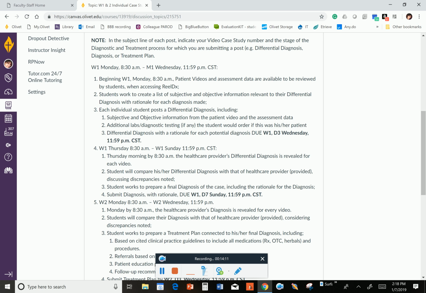You have to have a differential diagnosis with rationale for each potential diagnosis. So I say that everyone needs to have at least 3 to 5 differential diagnoses, and that differential diagnosis has to have a rationale. So say if one of my differential diagnosis is sore throat, that's not a differential diagnosis, that's a symptom.